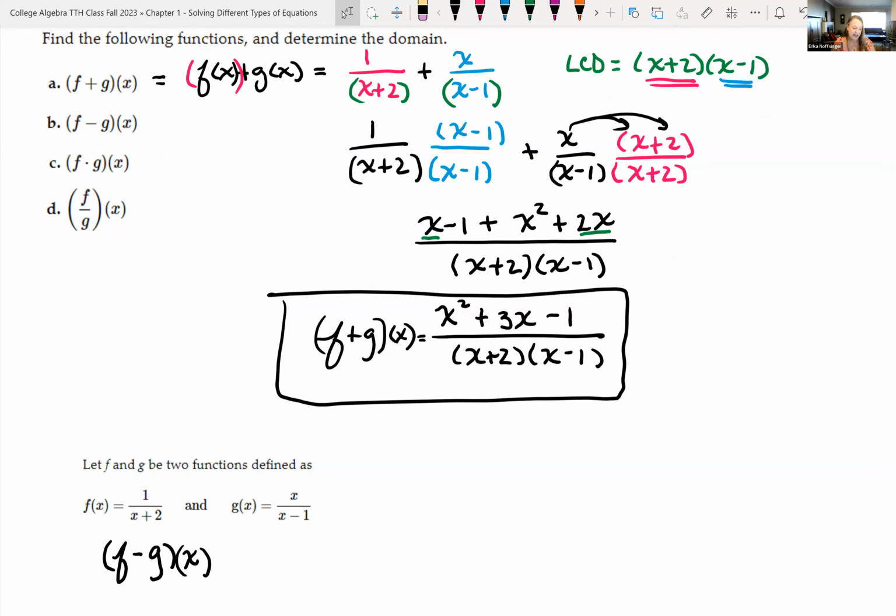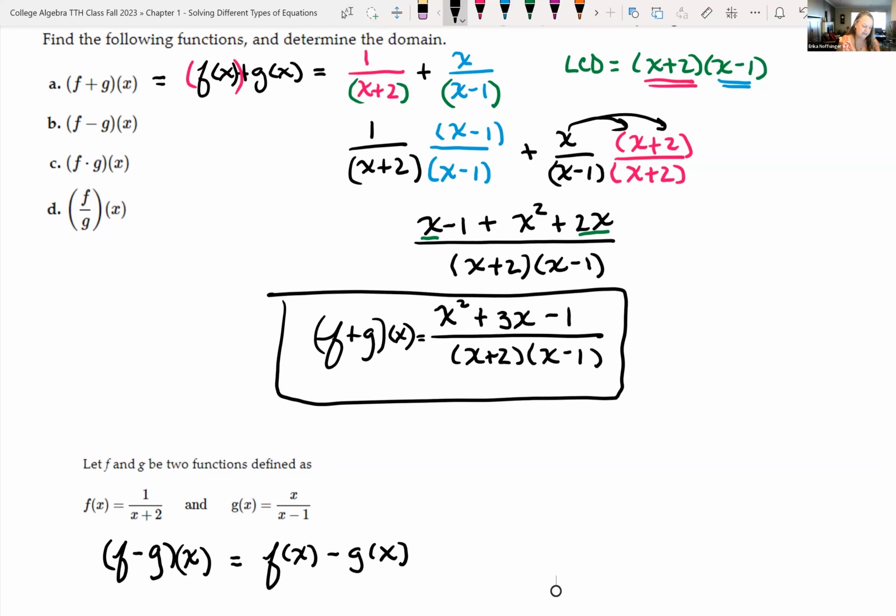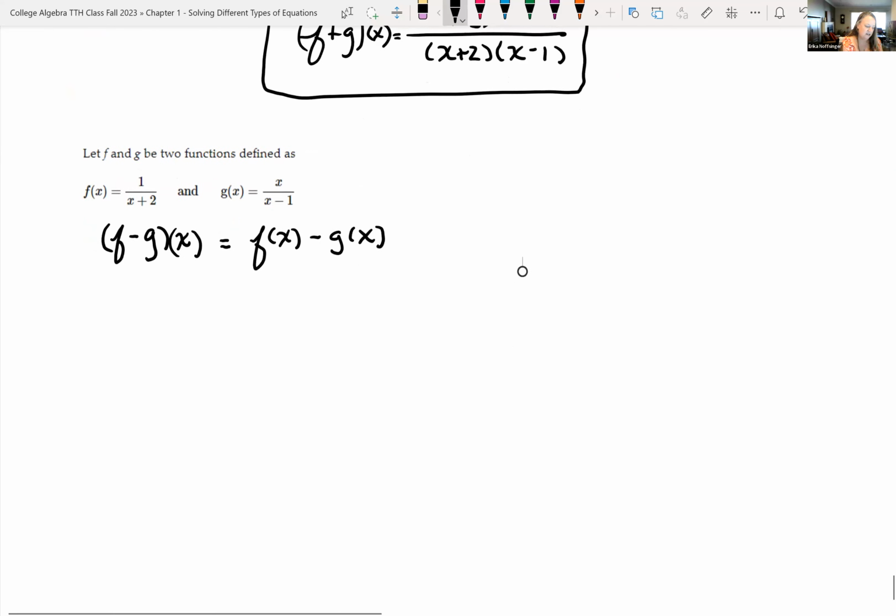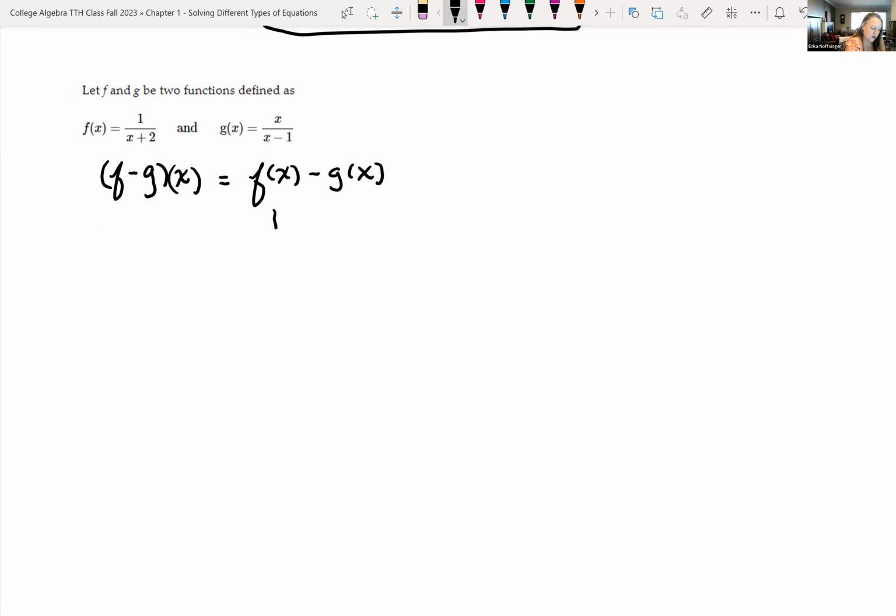So now looking at f minus g of x, doing the exact same thing, but now instead of adding the two fractions, we're looking at f of x minus g of x. So our f of x function, this was the 1 over x plus 2.